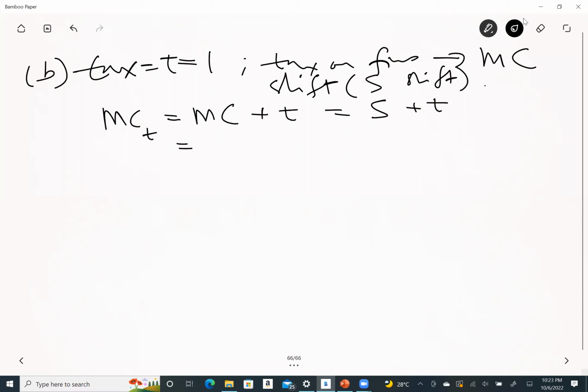Do it now. The demand function doesn't change. Now you find the equilibrium using the new marginal cost with the tax. It's easy: S equal to MC plus 1, and the tax is equal to 1. So you put in the marginal cost.